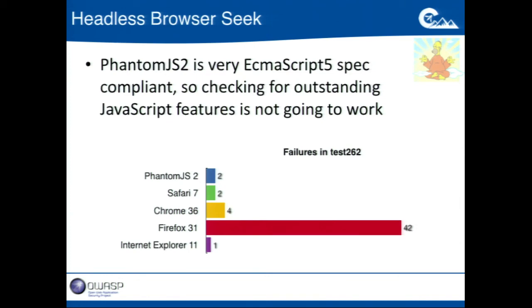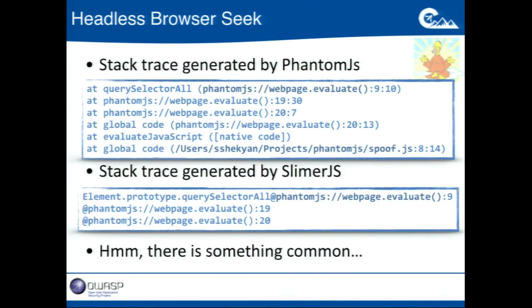I don't know. Now it fails only 2 tests, and those are exactly the same tests that fail in Safari 7, for example. So by looking at the JavaScript engine, it won't be really possible to tell the environment your script is running in.